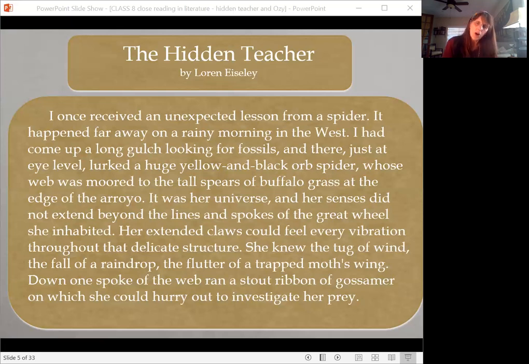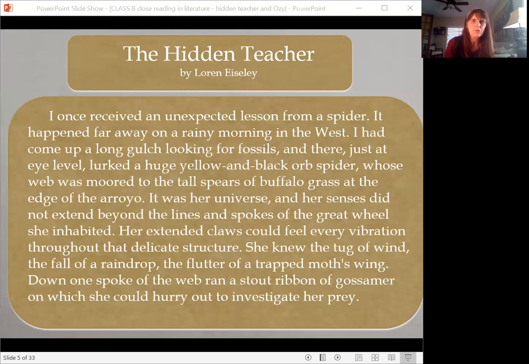Her extended claws could feel every vibration throughout that delicate structure. She knew the tug of wind. So what Eisley is doing here is personifying, giving the spider human-like characteristics by giving her the capacity for knowledge. She knows the tug of wind.